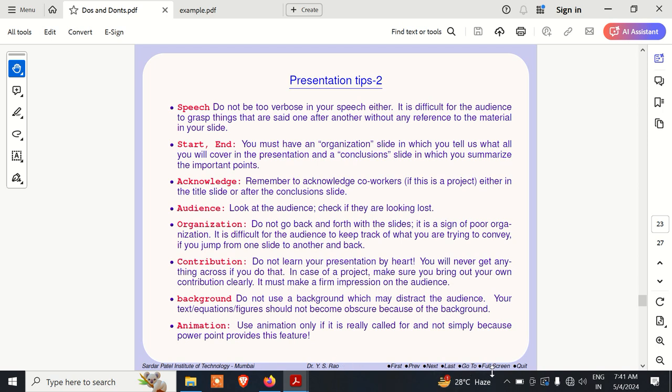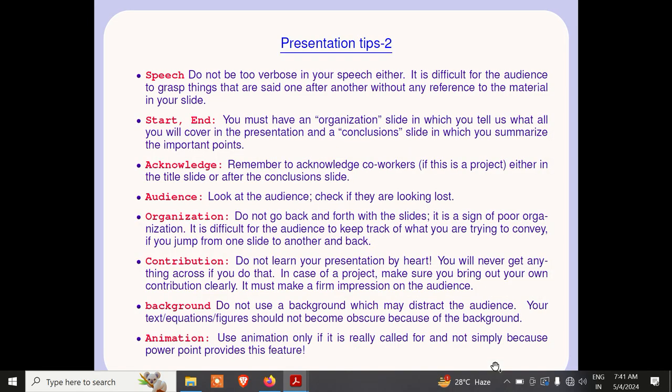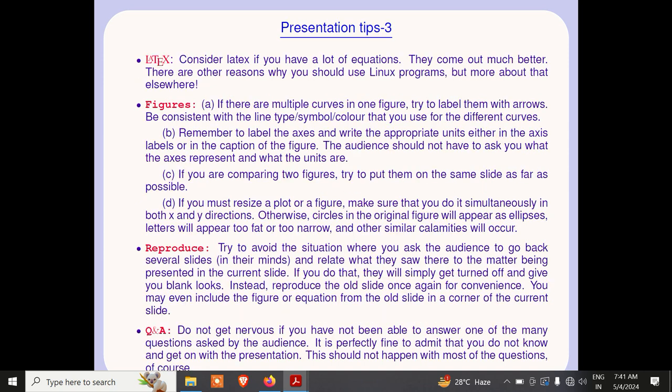But if you are using the Microsoft tools, right? It doesn't mean that since the tool is providing the animations, let us use all the features. It's not like that. You are not here to demonstrate whatever the tool is providing. Make it as simple as possible.